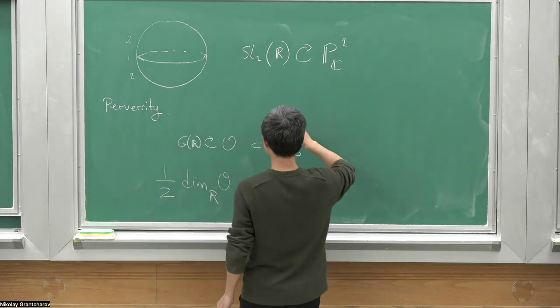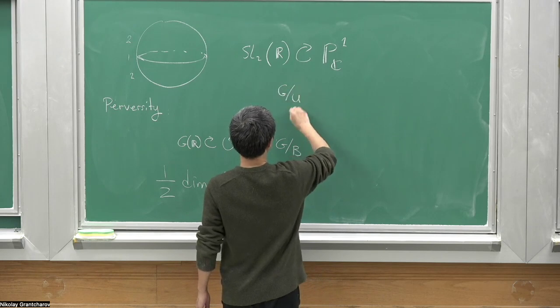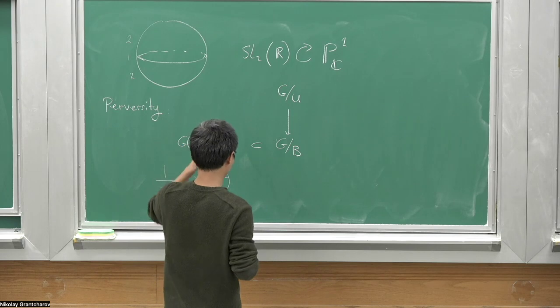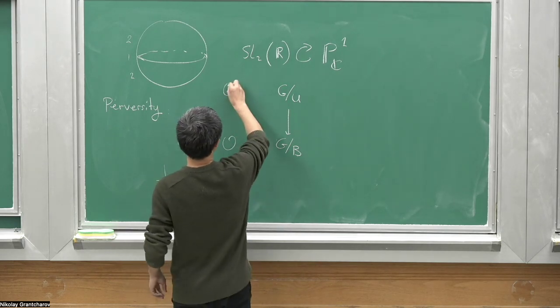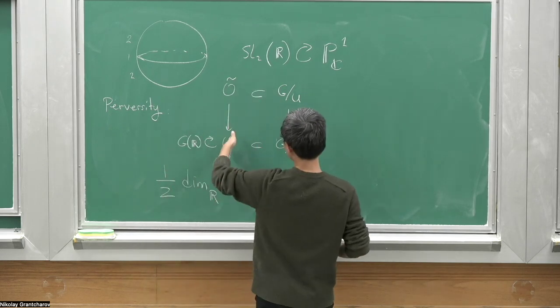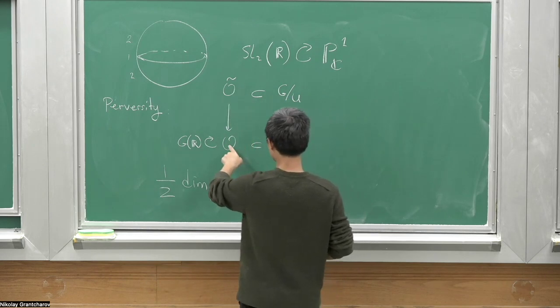So it turns out the following definition is the right one. So you look at the image in G1U. Of course, that dimension is twice the rank bigger than O.